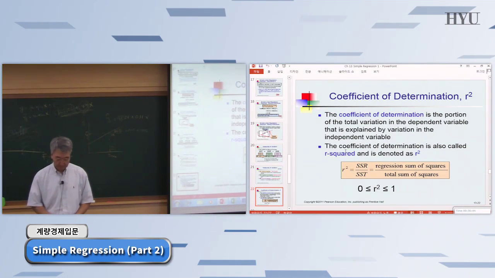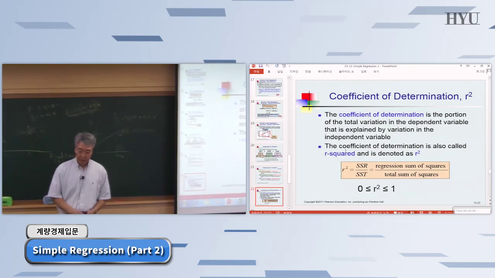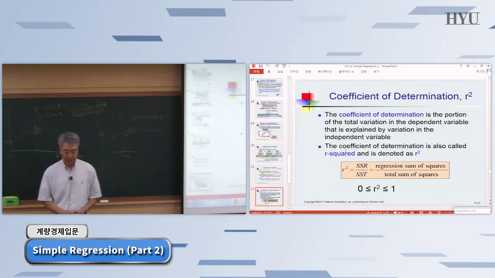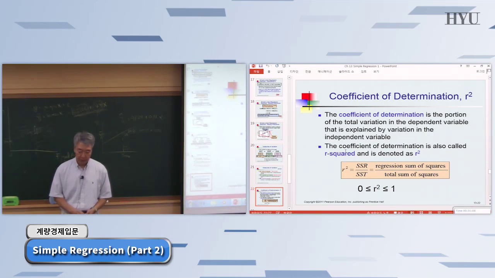Okay? So once you calculate those numbers, we can calculate the coefficient of determination. We call it R squared. Okay? The concept of R squared is that it's the portion of the total variation in the dependent variable, y, that is explained by the variation in the independent variable. Okay?